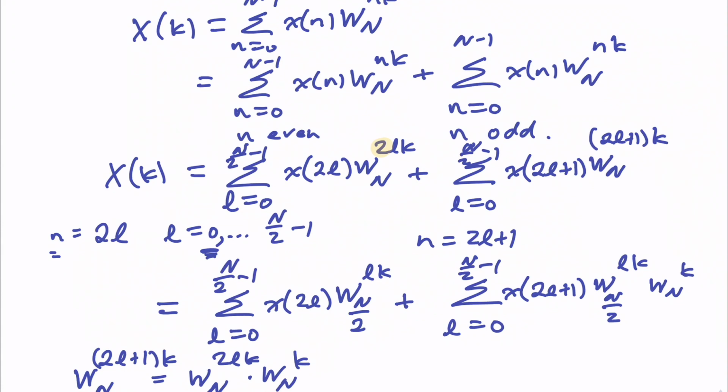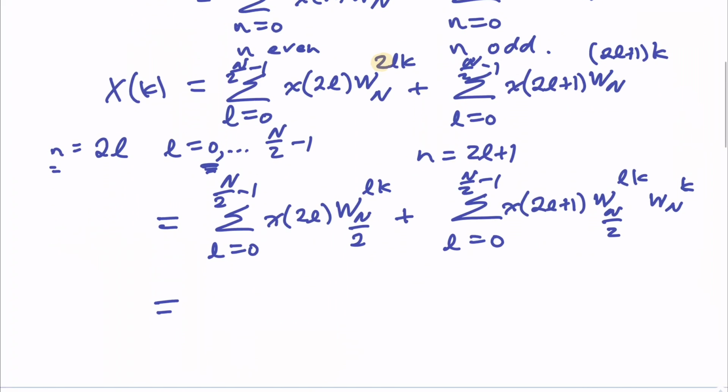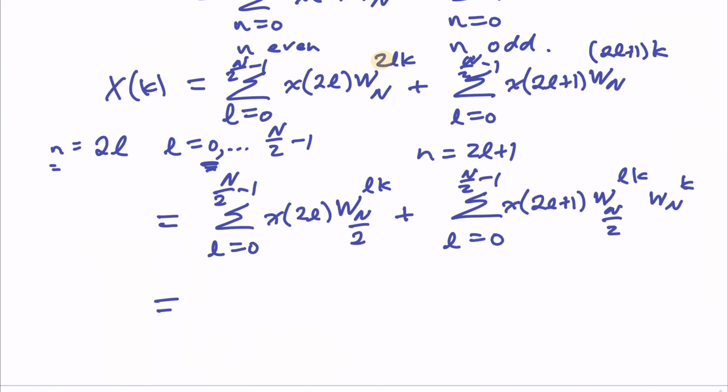All right, so that's just justifying that arithmetic or that algebra. And so from here, what we notice is that we have the definition now of a DFT, because these are the even samples, and then I multiply by this twiddle factor W_{N/2} to the lk.